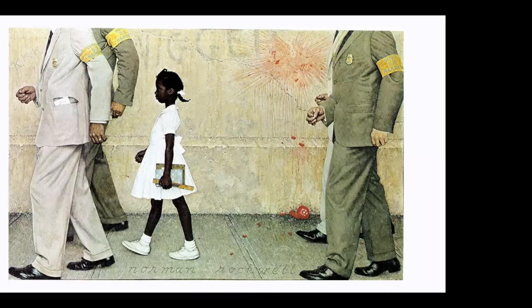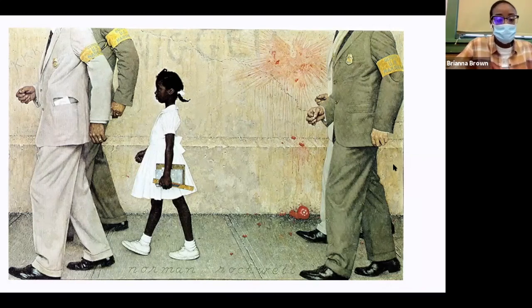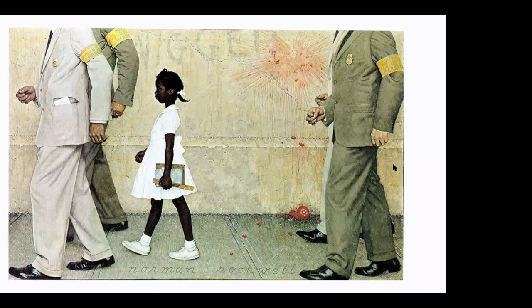But now that I look closely, it looks like she wants to go to school, but to go to a white people's school so she could learn more. And people are throwing food at her because they don't want black and white people to be together.